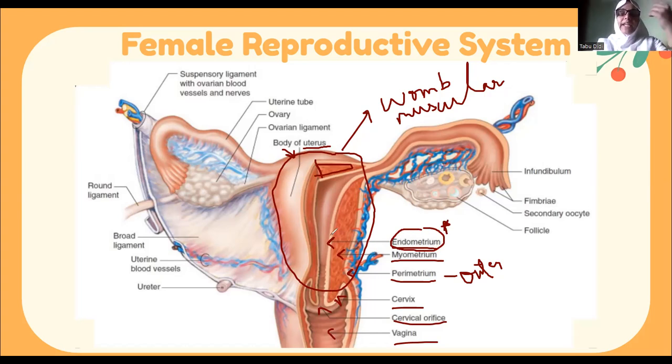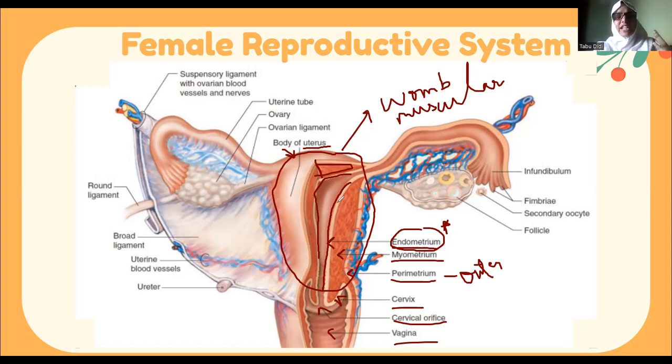Every month after puberty the female experiences menstrual bleeding. That bleeding is because of the shedding of the endometrium lining. Shedding means rupturing, breaking, of this layer of tissue.